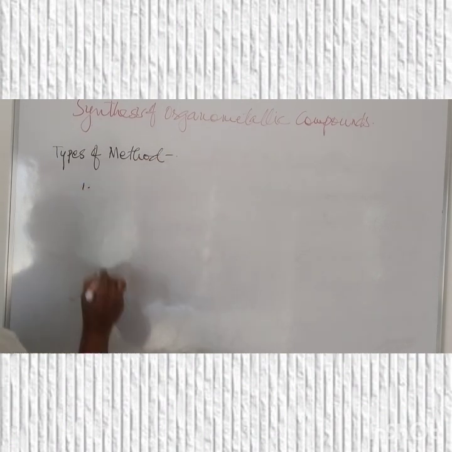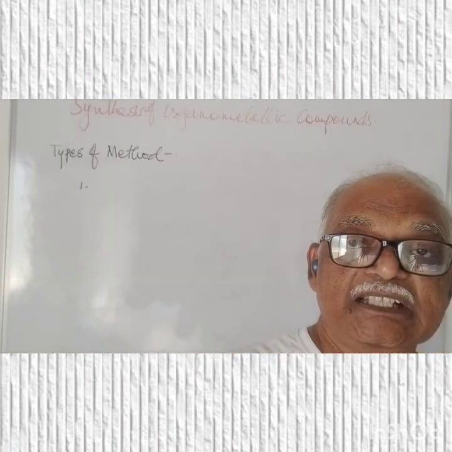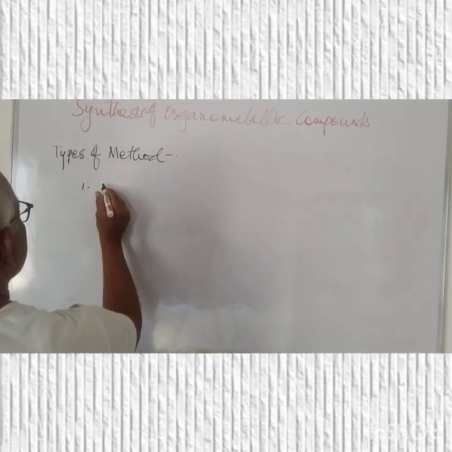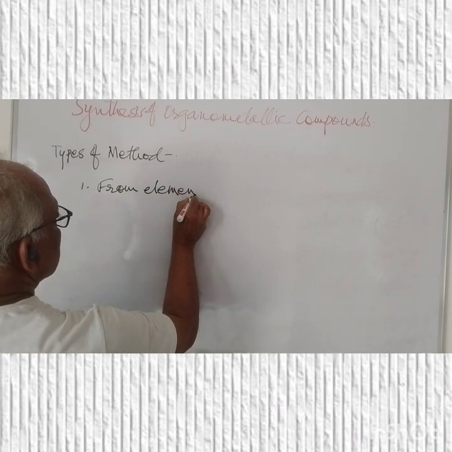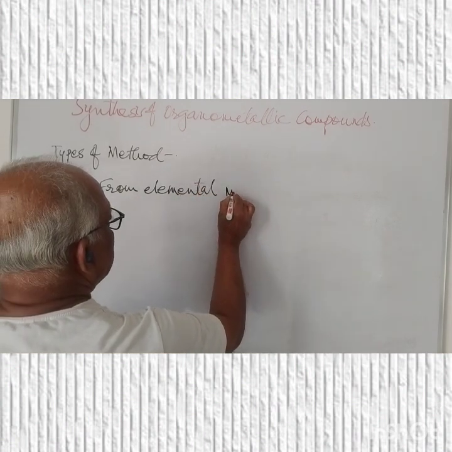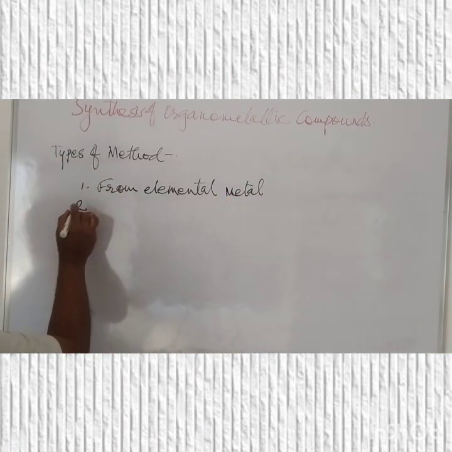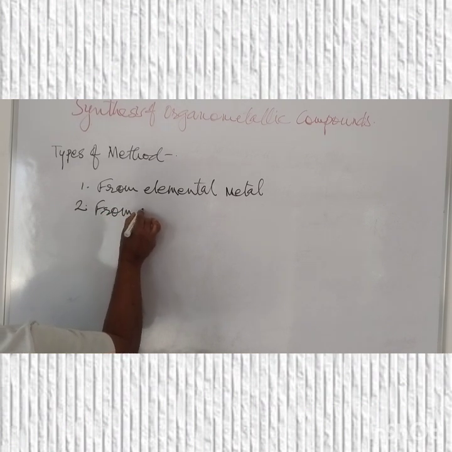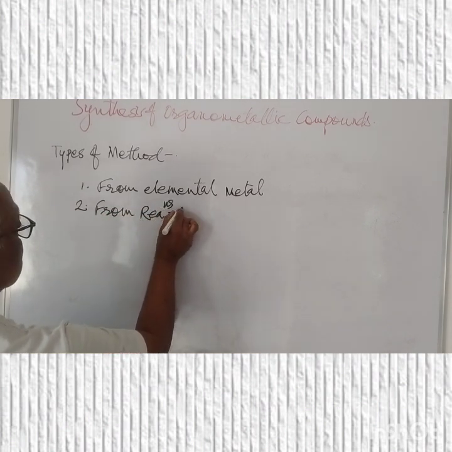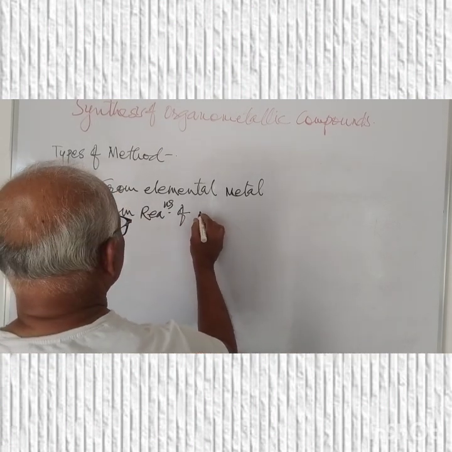In the first method, the organometallic compounds are synthesized by using the metal in the elemental state, so we will show here the elemental method, and the second is from reactions of already formed chemical compounds.